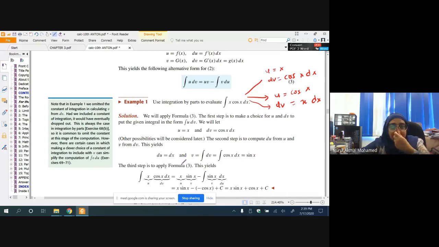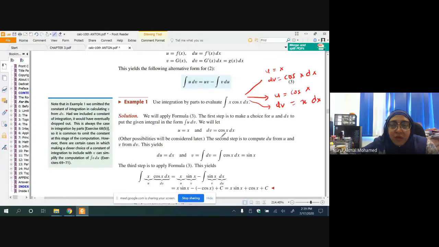Let's try the first choice, which is u equal to x and dv equal to cos x dx. Your u is already known, but to get v, you have to integrate dv.